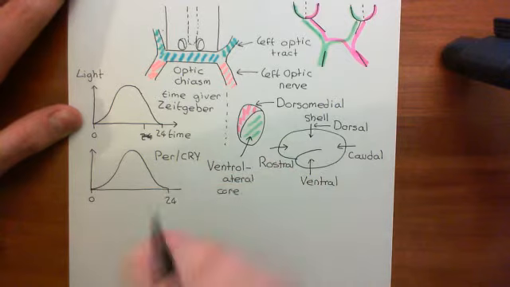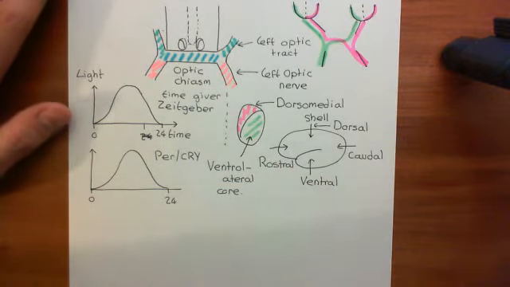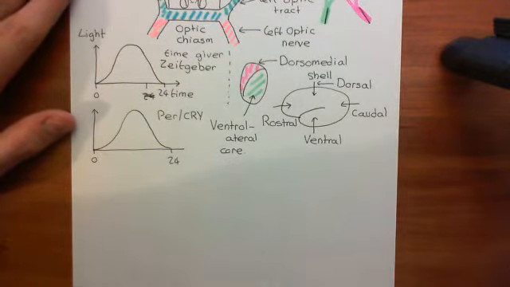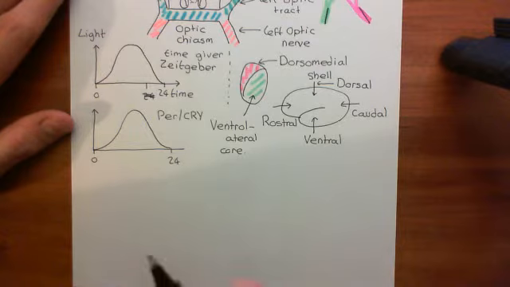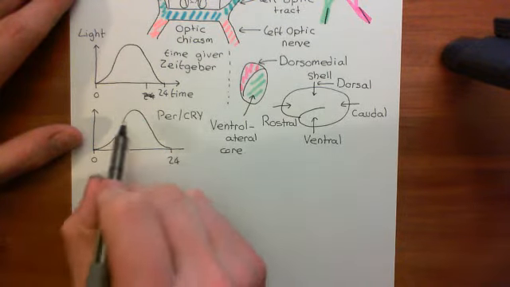Okay, and this structure, these suprachiasmatic nuclei, they are responsible for making sure that all the other cells of the body are also not only oscillating in synchrony, but also oscillating in synchrony with the light-dark cycle. So we want all of the cells in the human body to be at the same phase in this cycle of period and cryptochrome at the same time, basically.